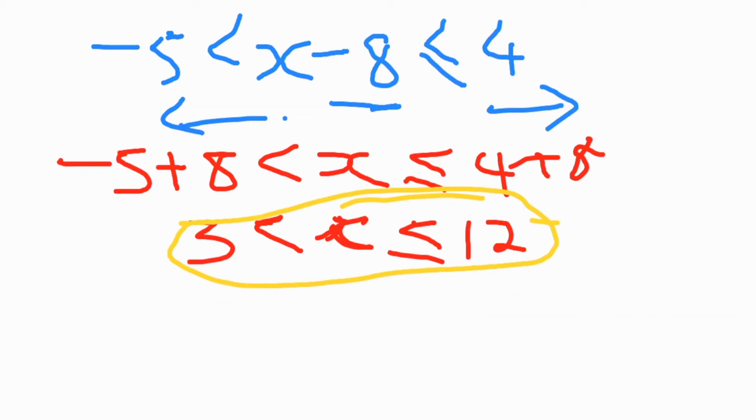You need to have a clear understanding of what that means in order to answer your question where the solution set is concerned. What this means is that taking it from this end, always start at the x. Always start at the x. It means x is greater than 3, right?